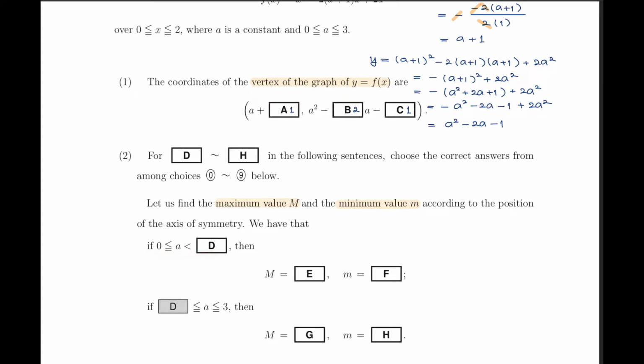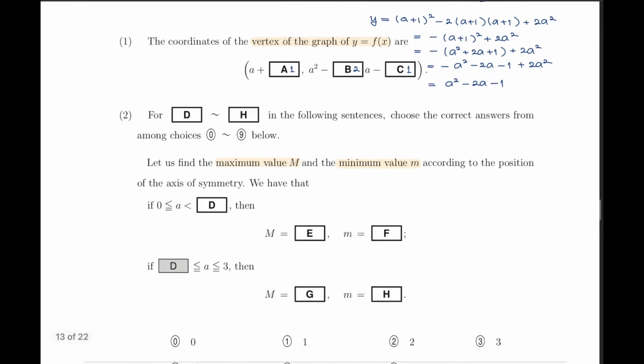For this case, the axis of symmetry is inside the range of x. So a plus 1 must be less than 2 so that it is inside the range of x.